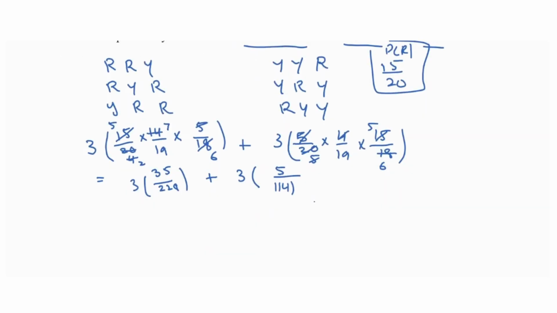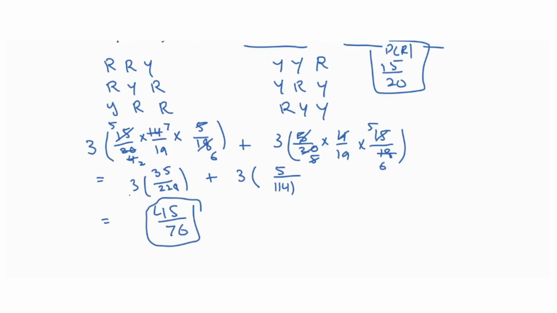So we're going to use here 3 bracket 35 over 228, and then we have plus 3 times 5 over 114, and we end up having this 45 over 76. So finally we will get the answer as 45 over 76. So this is our final answer.